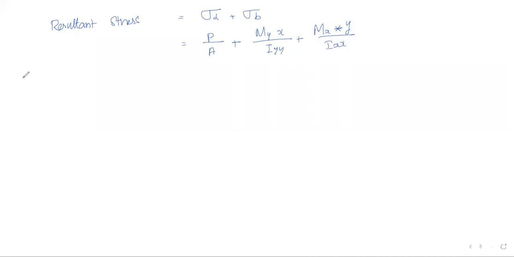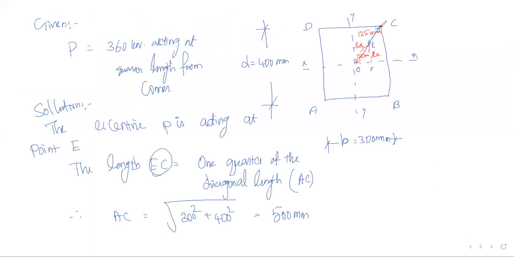So first, the resultant stress at point C. That is this corner. Here in this corner the load is acting, so the maximum stress will be created here.